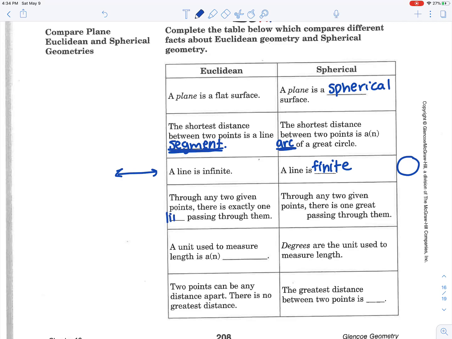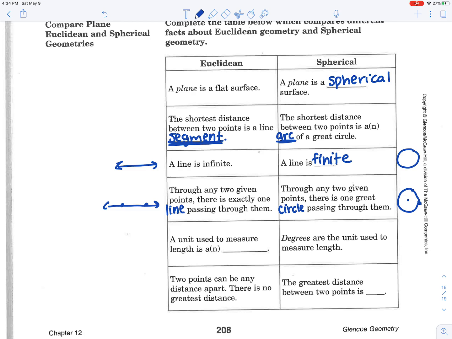Through any two given points, there is exactly one line passing through them. So if I have this point and this point, one line goes through them. In spherical geometry, through any two given points, there's going to be one great circle passing through them. Remember, the great circle has to go through the center of the sphere. A unit used to measure a line could be a centimeter, an inch, feet, any of those work.